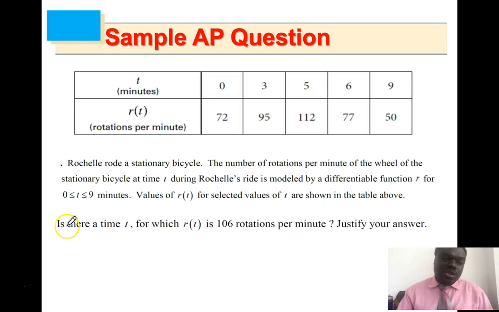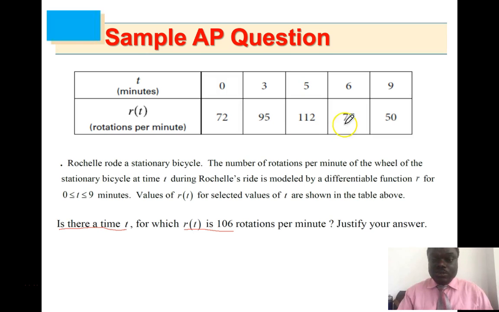Now, you are asked, is there a time t for which r of t is equal to 106? If you look on this table, you don't see 106. But you would certainly know that 106 will lie between 95 and 112.